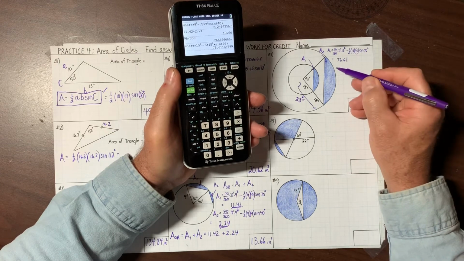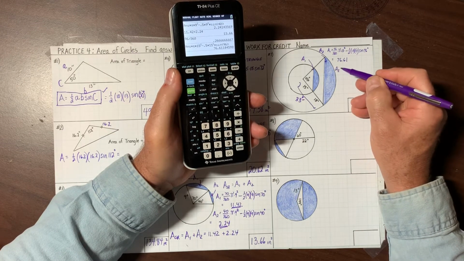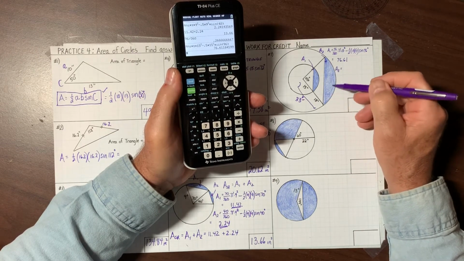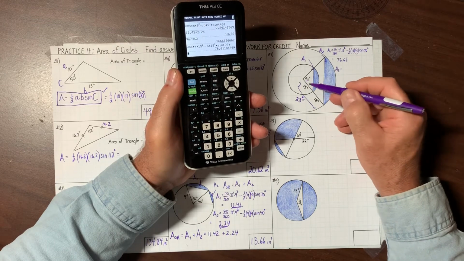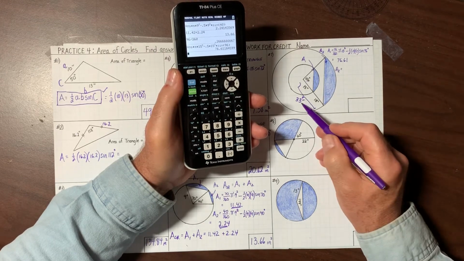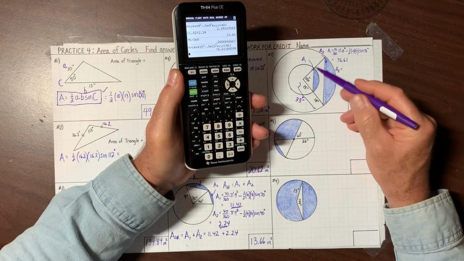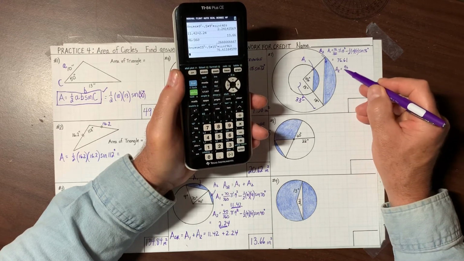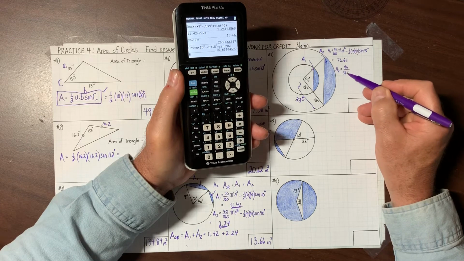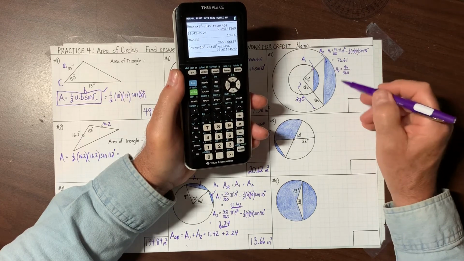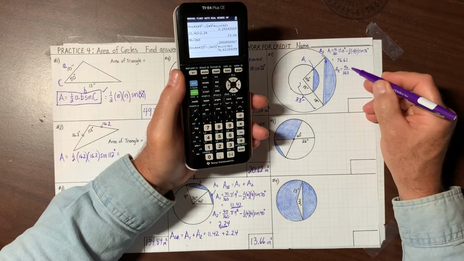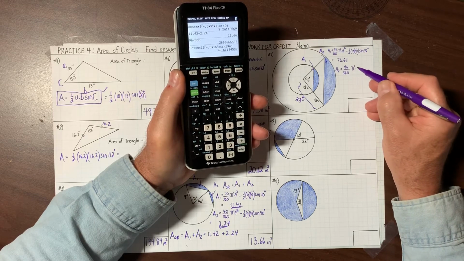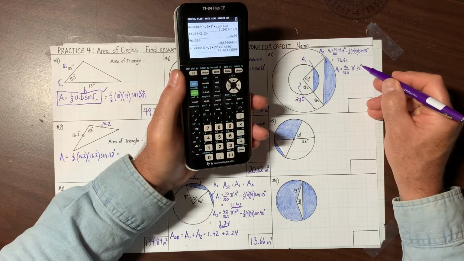Now I'm going to find the area of this big segment, keeping in mind that the radius of that big circle is 33. So I need to find the area of the sector. So that would be 96 over 360 times the area of the big circle, which would be pi times 33 squared.